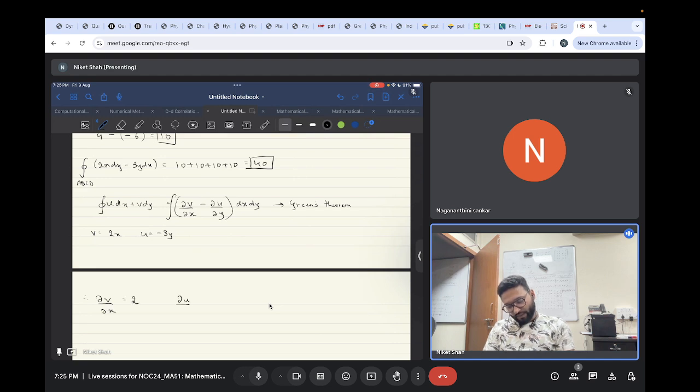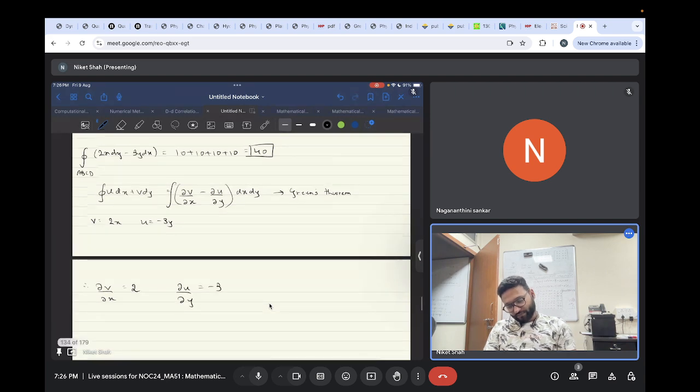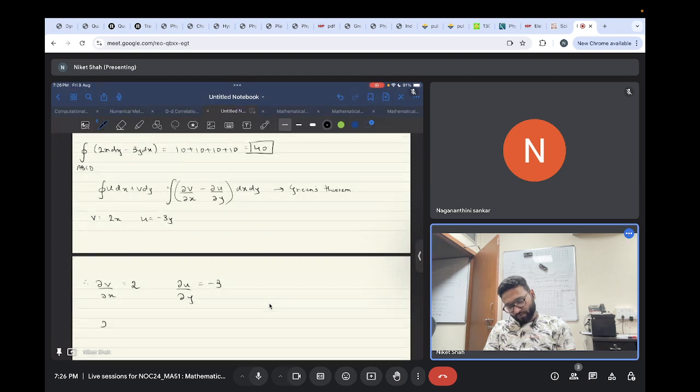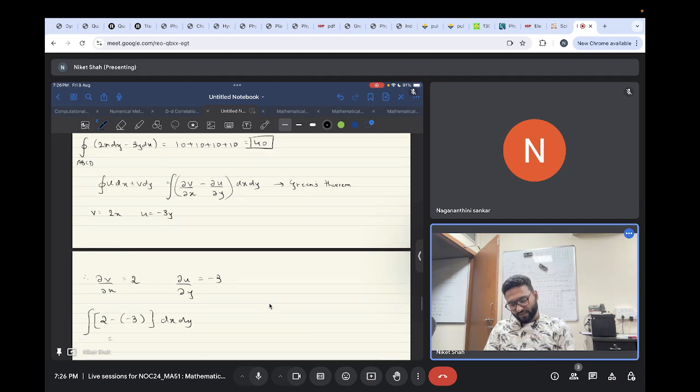Del u by del y is equal to minus 3. So 2 minus of minus 3 dx dy integral. So this is simply the area of the square that we are considering. So this is basically 5 multiplied by area of square.